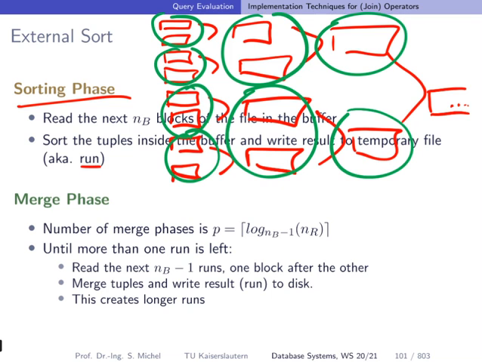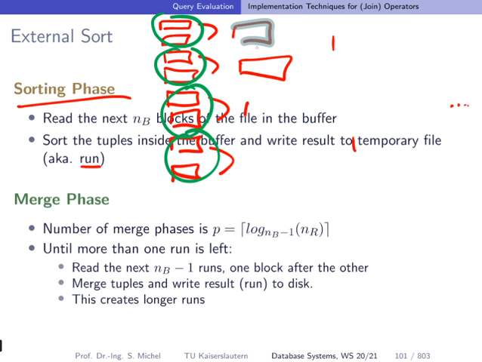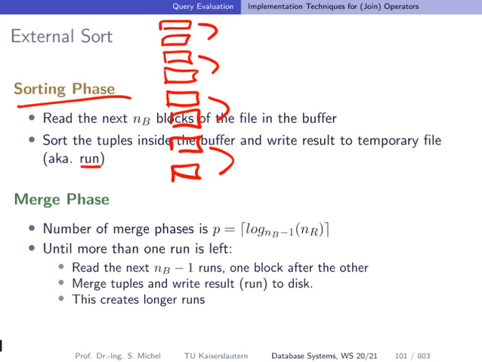In general, it doesn't have to be a two-way merge, because we can take also more of these runs together. And how many of these runs can we take together? Well, if you're looking how the merge works, merging is done by reading from every run one block. And then you can merge, right?